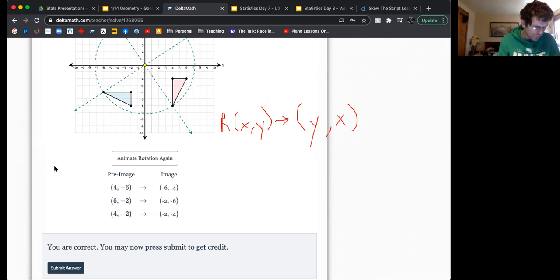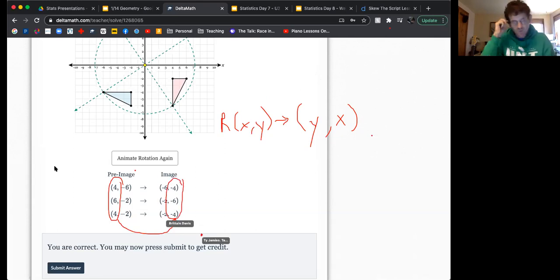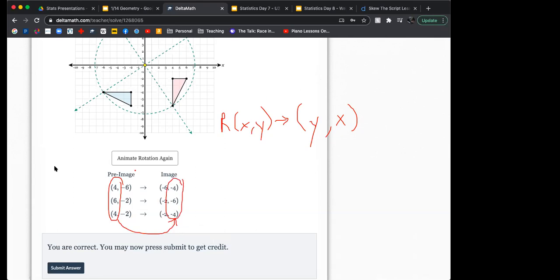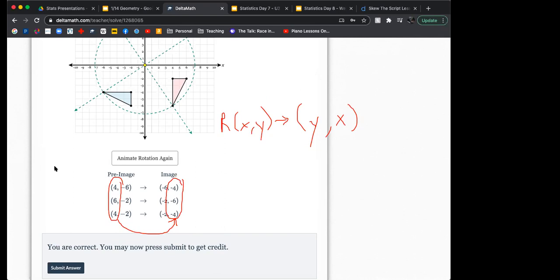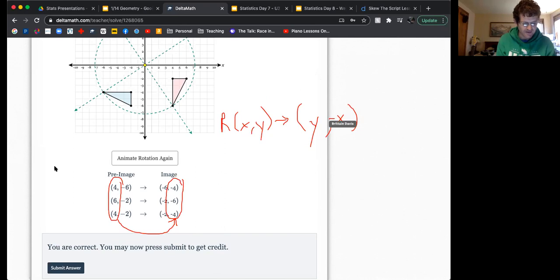When we moved these x values to the back row, to the y coordinate, what did we do to it? Turned it negative. There we go. We changed the sign on that. So not only did we move the x from the x coordinate to the y coordinate, but we also changed the sign of it.